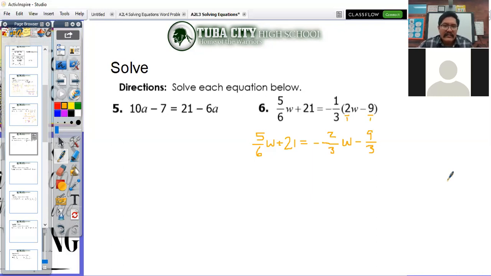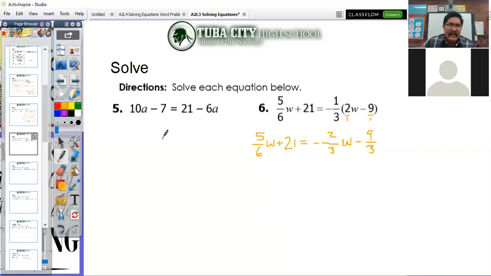Okay, now at least we got rid of the parentheses. Now this one's another tricky one. This one I had a lot of deliberation on when I did it with my first hour, because you can work with these fractions, but there are some problems later on down the road that are going to be needing this trick that I'm about to show you.